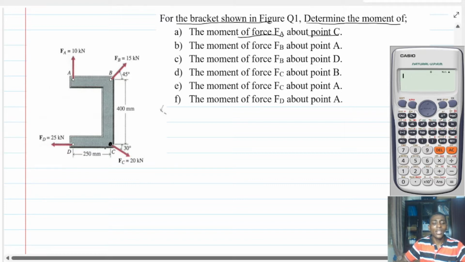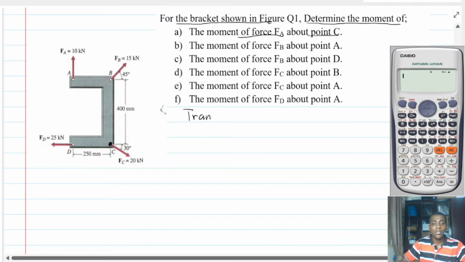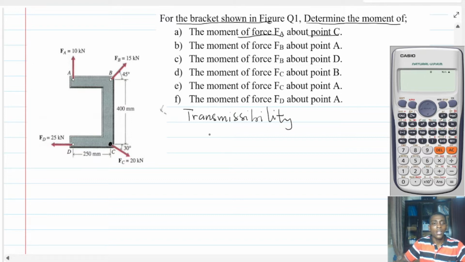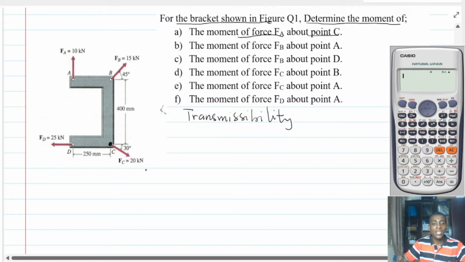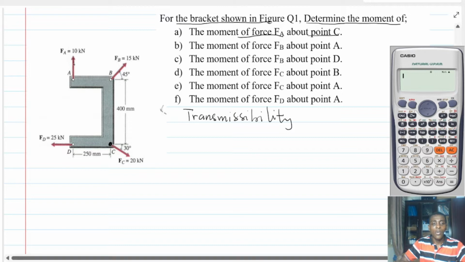And how can I do that? We have to use what we call the principle of transmissibility. The principle states that the line of action of a force can always be transmitted along a straight line. Therefore, for this force, this is the line of action.